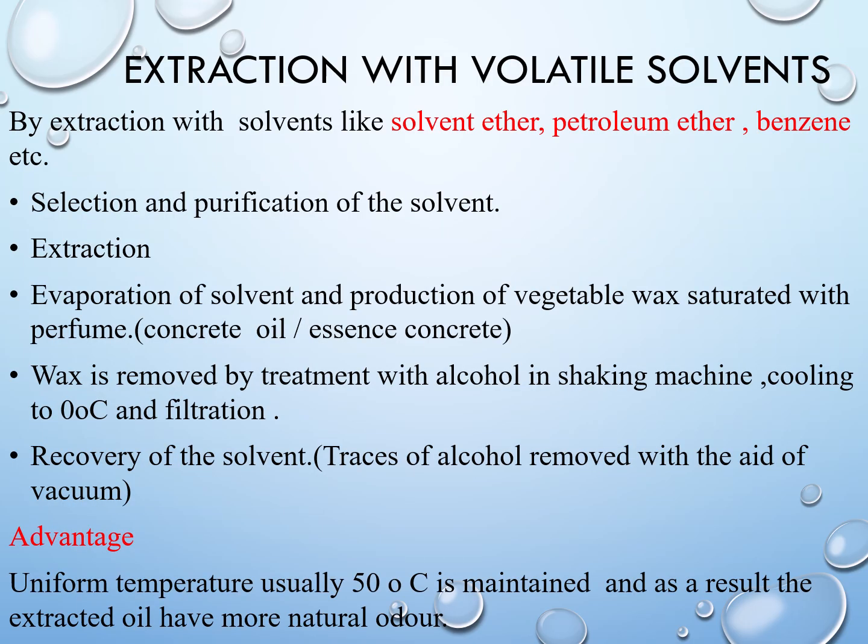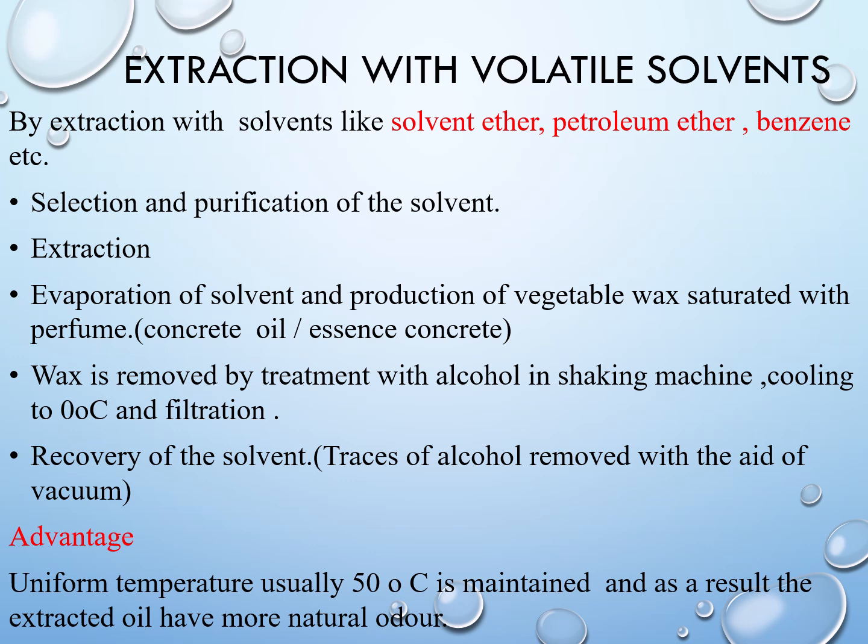The next method for the isolation of volatile oil is extraction with volatile solvents. In this, we use various organic or volatile solvents like solvent ether, petroleum ether, benzene, etc. Coming to the process, we select an analytical grade purified solvent and treat it with the plant material from which the volatile oil has to be extracted.